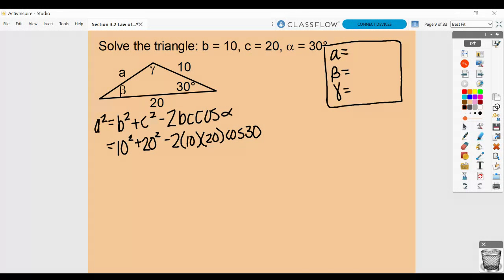So 10 squared is 100. 20 squared is 400. So 100 plus 400 is 500. And then 2 times 10 times 20 is 400.